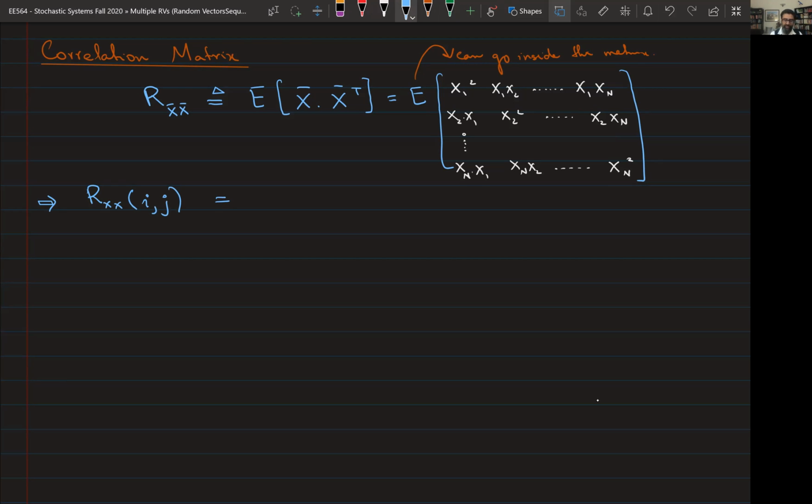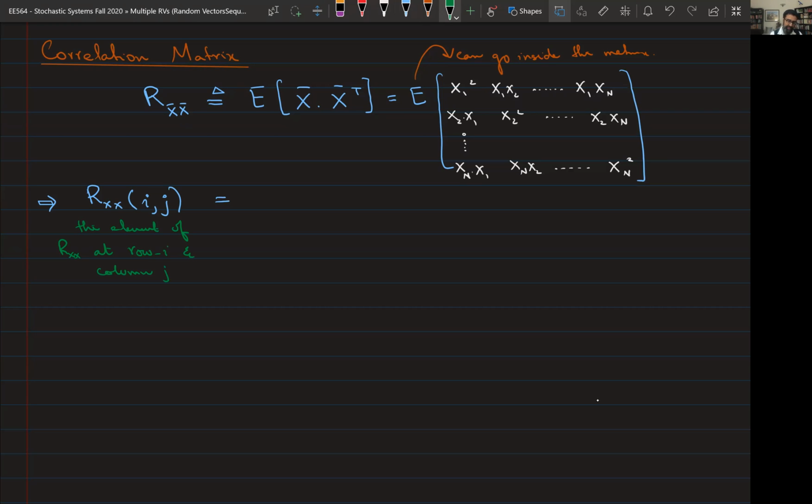What does R_xx ij mean? I mean, this is the element of the matrix R_xx at row i and column j.